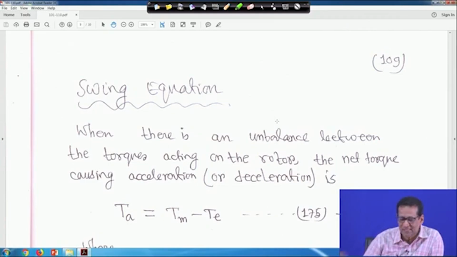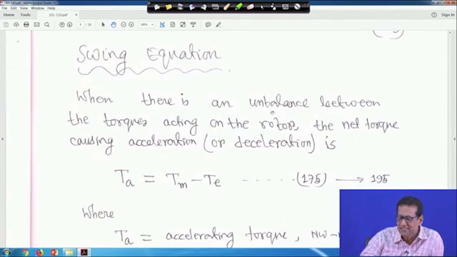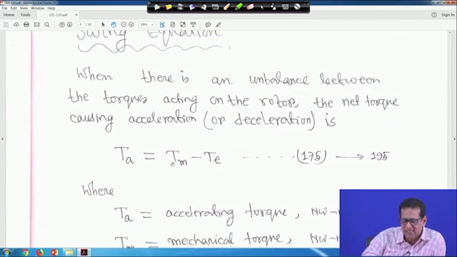So, we will start from the swing equation, because that is the most important for synchronous machine. Already you have studied in power system the single machine infinite bus, the transient stability analysis. In machine dynamics also you have studied a little bit. So, let us see how things actually are. When there is an unbalance between the torques acting on the rotor, the net torque causes acceleration or deceleration, that is, accelerating torque is equal to Tm minus Te.